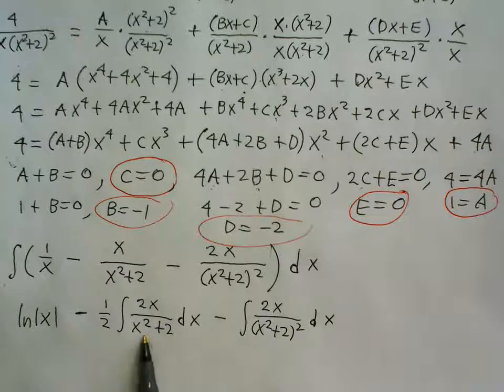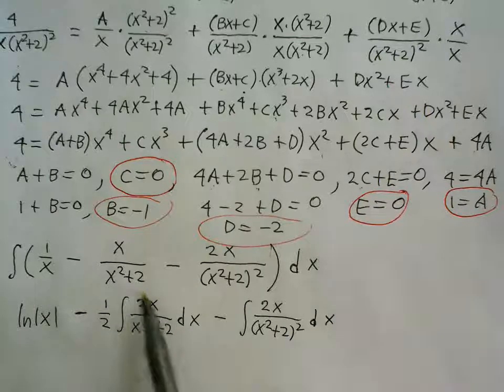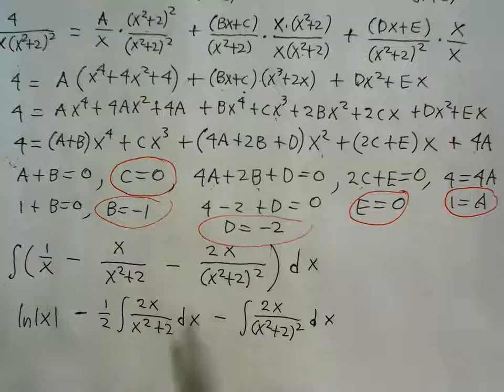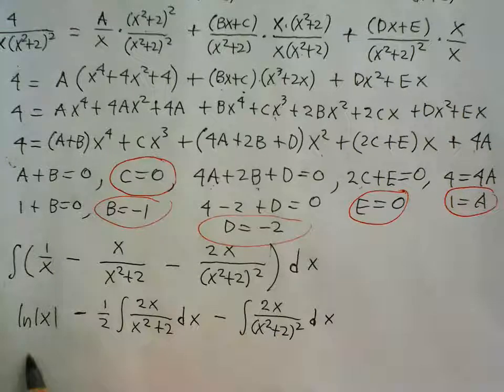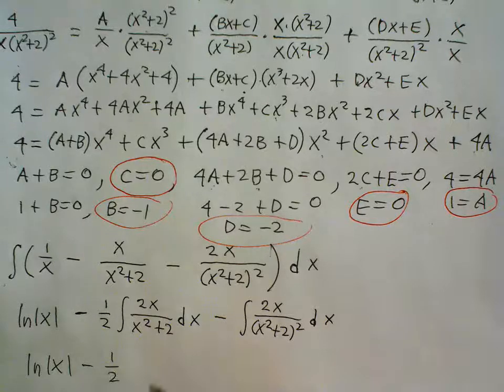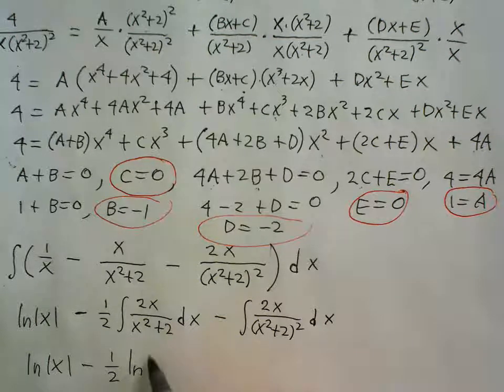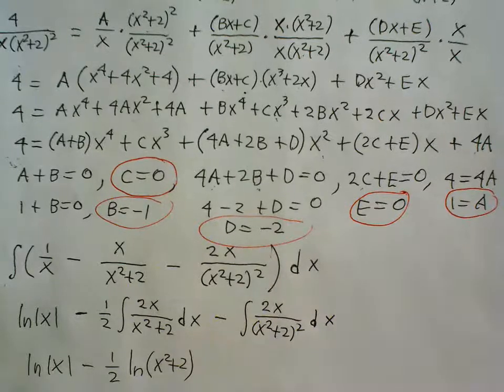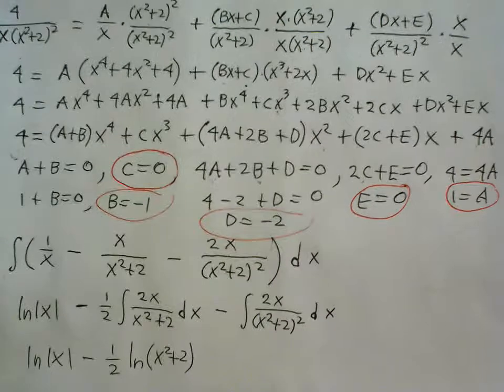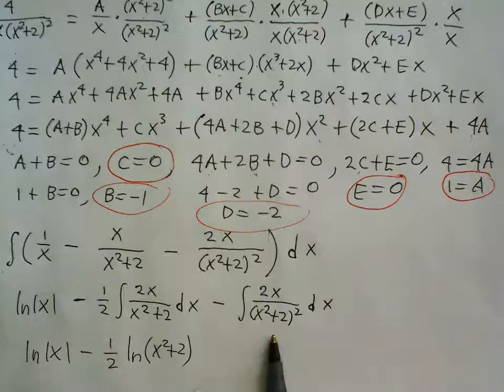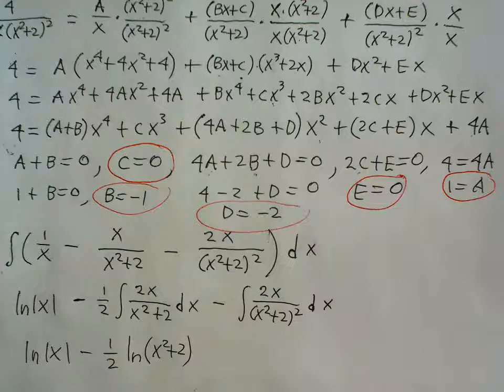Okay, so this middle integral, it has the form, it's the integral of du over u. So this just becomes the natural log of x squared plus 2. And what about the integral on the right?